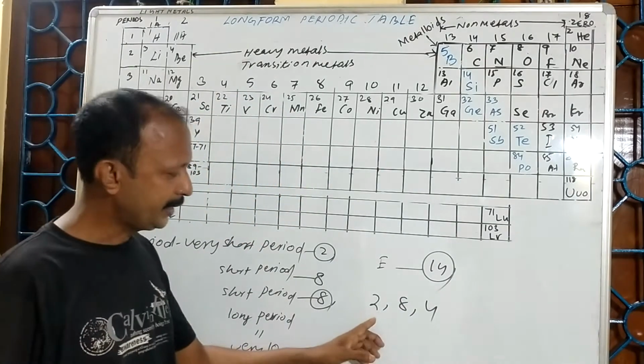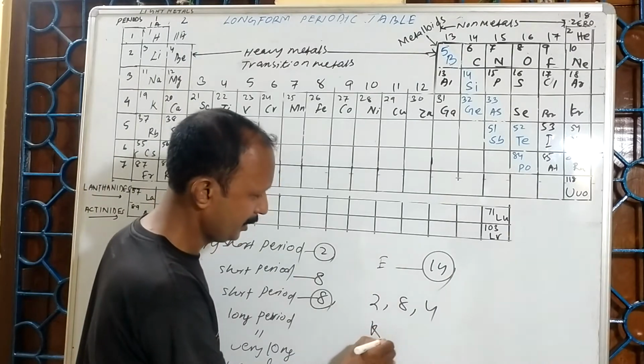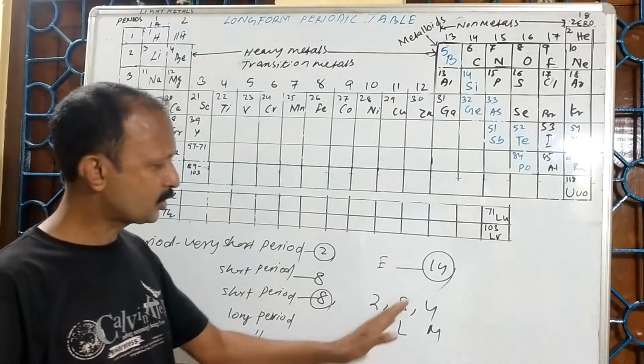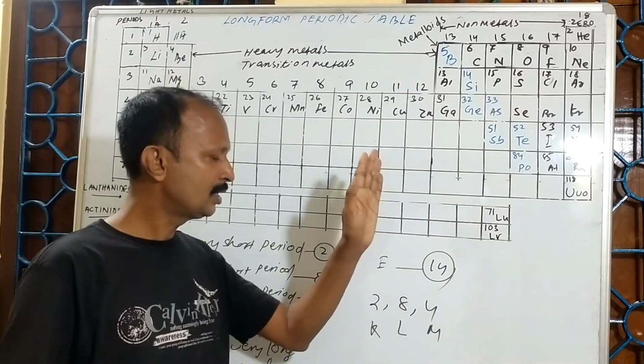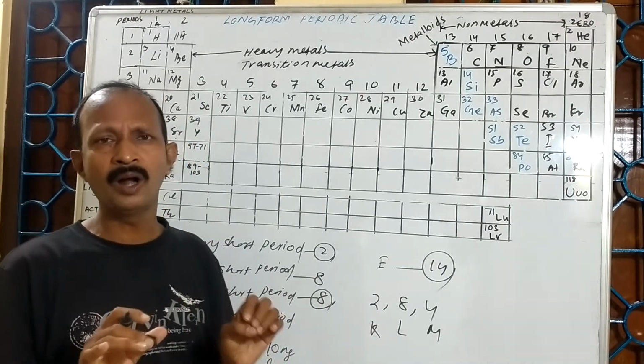That means it contains 3 shells. First shell K shell, this is the L shell, this is the M shell. That means a total of 3 shells are there. So definitely it belongs to the third period.